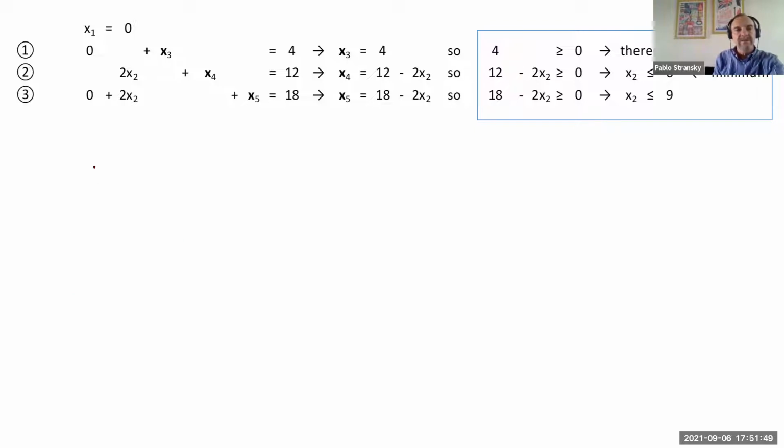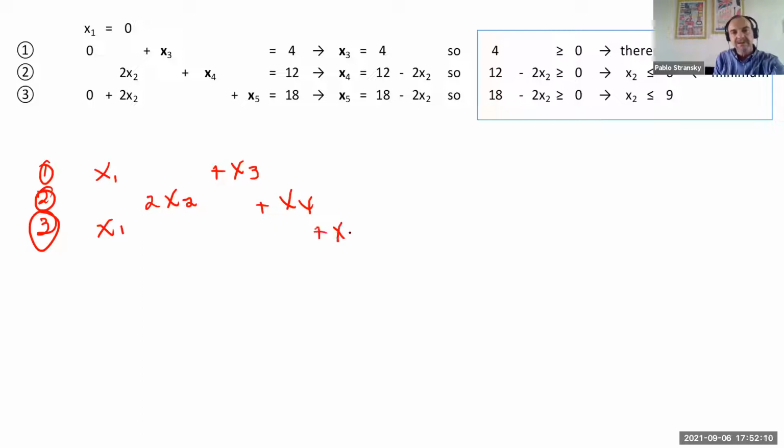So here we have equation 1, equation 2, equation 3, where we have x1, and also x1, 2x2 plus x3, plus x4, plus x5 plus 2x2, and this is equal to 4, 12, and 18.